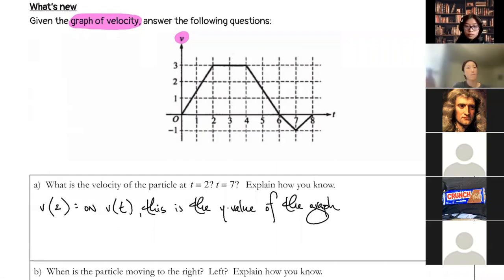I know we're talking about some complicated things, like we're looking at y values and sometimes we look at slopes, but it goes all the way back to the first time you ever saw graphs in elementary or middle school, and your teacher probably said you have to read the axes, you have to know what it's talking about. And this is exactly the moment where we really have to know what we're looking at, okay? And so since this is the y value of the graph, because we're looking at velocity, we can just say that v of 2 is 3.